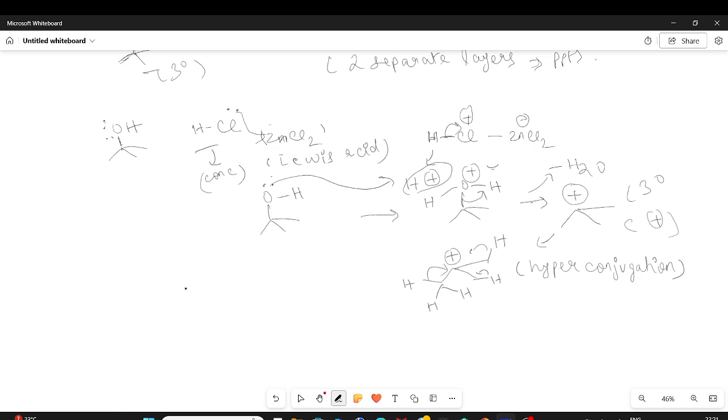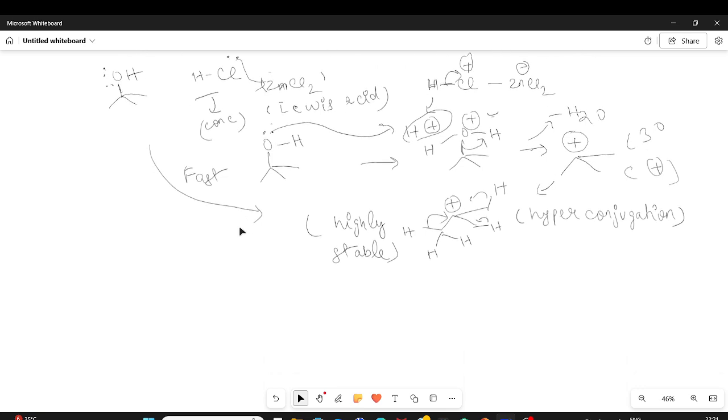So that is why, since it is highly stable in nature, the reaction is fast. Because if something is highly stable, it wants to go towards that side, which is the high stability side.